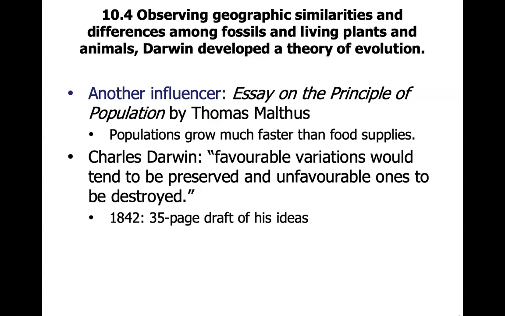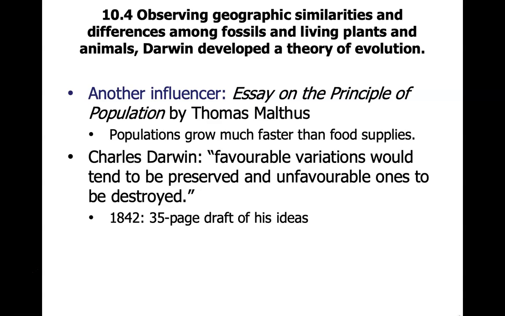So Thomas Malthus basically said that the Earth's human population is suffering because of a competition for resources. Now, he also said that when things are good, when people have enough food, their population is going to grow exponentially. But at some point, the population is going to grow faster than food supplies, and this is going to cause problems and strife, and not everyone's going to be able to survive.